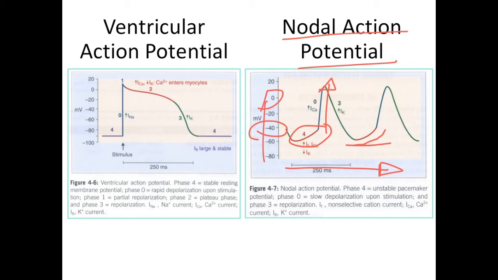On the other hand, when you look at muscle tissue such as the ventricle and its action potentials, phase 4 is a horizontal line, as you can see right here. In order for the action potential to be started, you have to have a stimulus.